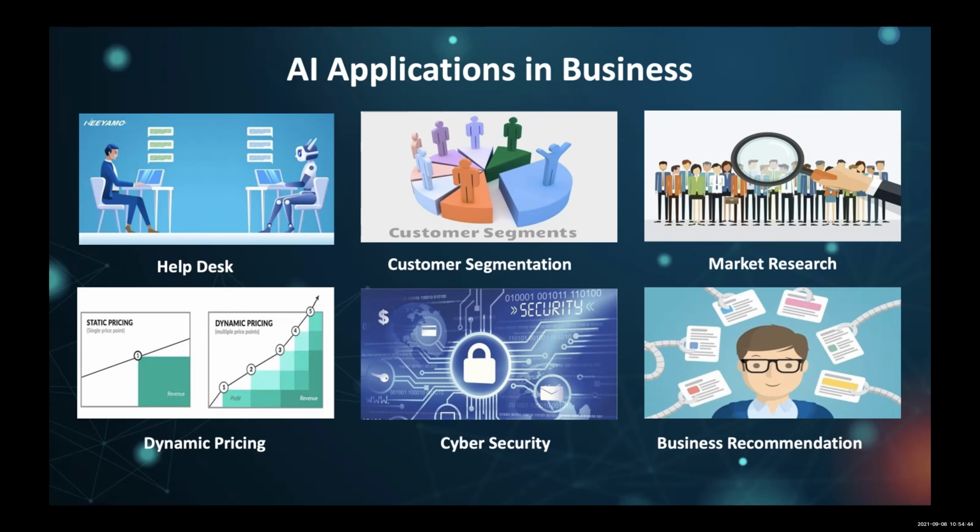This is a very personalized campaign, and it is a lot more effective than traditional campaigns. Coming to market research, artificial intelligence will try to connect the customer behavior with the business marketing. So the business may evaluate more precisely, and it is again better than traditional market research.